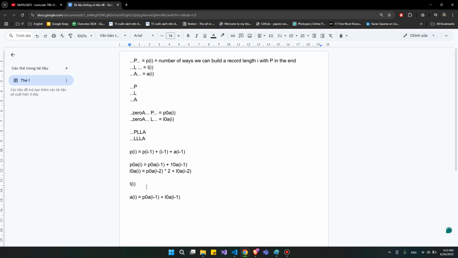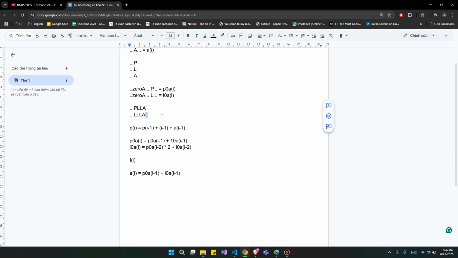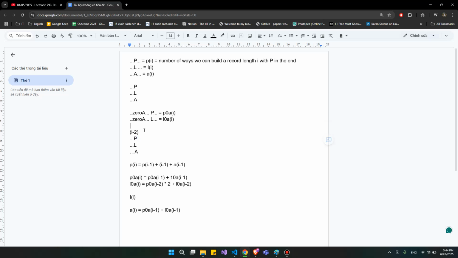Okay, so come back to our L, and the last one we have to solve, with the same rule set with L zero A. If we are at position I minus two here, how many ways can we get to L I?